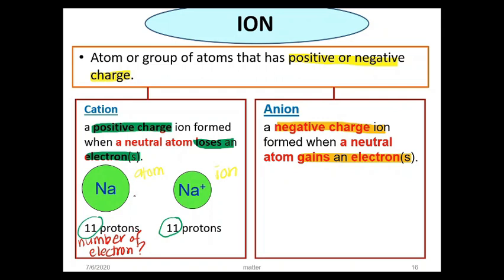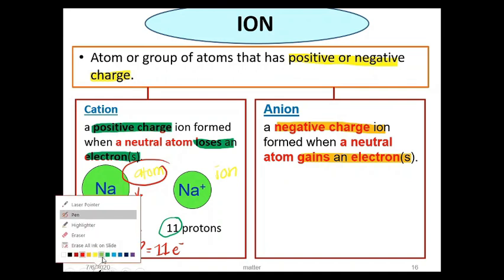For the sodium atom, because it is an atom, the number of protons is the same as the number of electrons, so it's going to be 11 electrons as well.